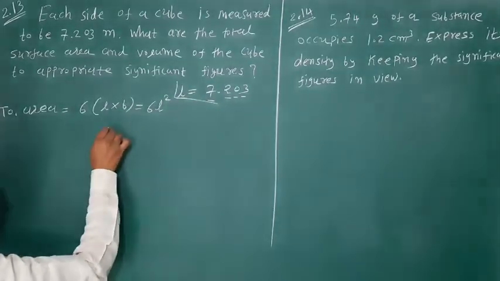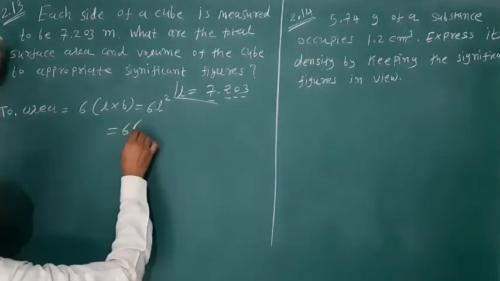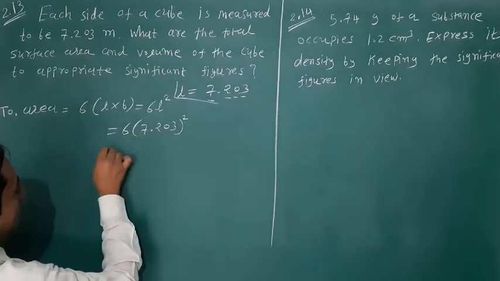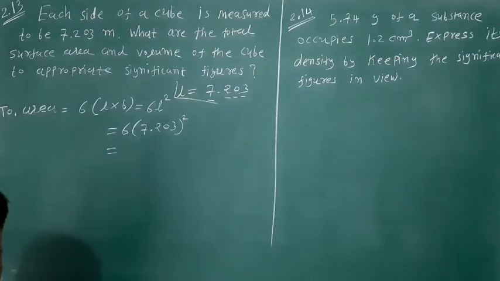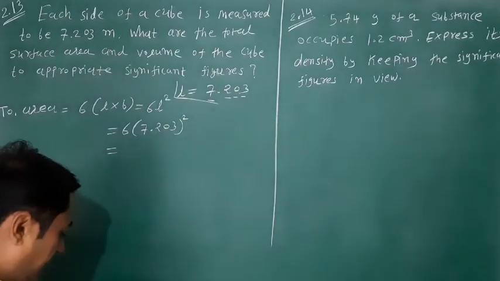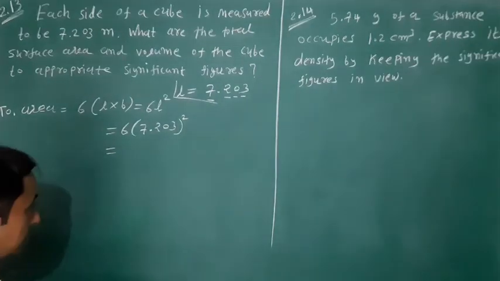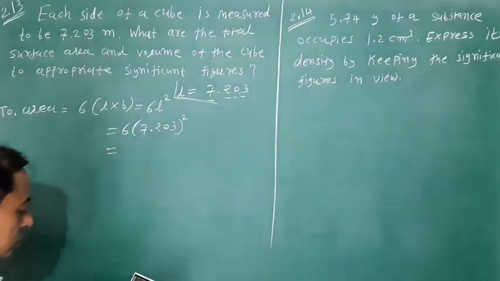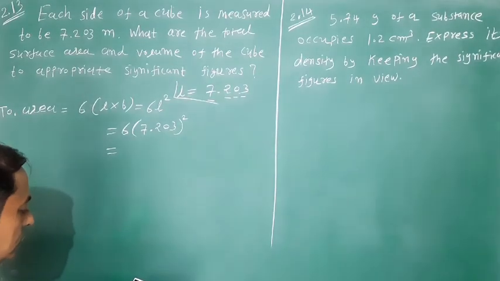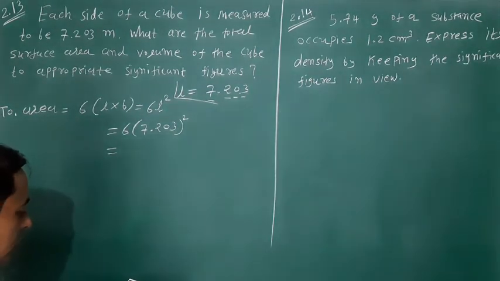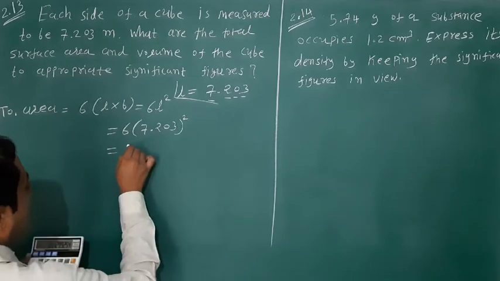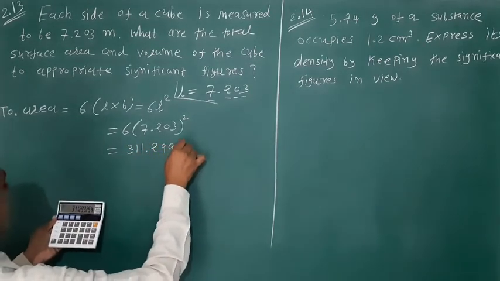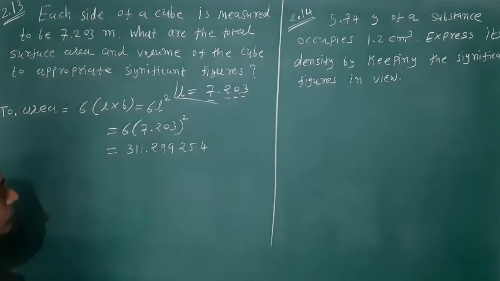Okay. So the value of L is 7.203 whole square. Okay. We calculate this value. Now the number is 311.299254.